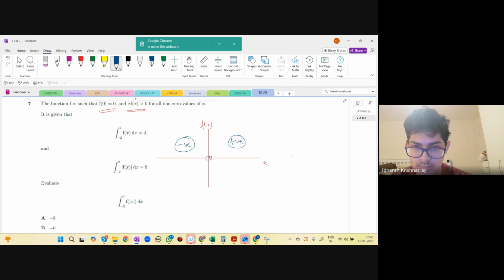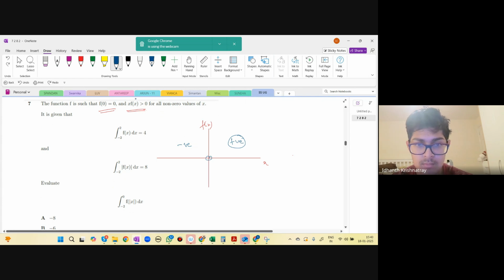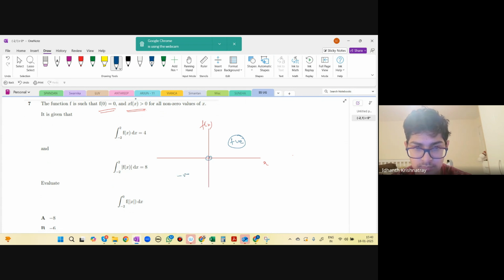So that means this would be in the first quadrant, and this would be in the third quadrant. When x is negative, f(x) is also negative.